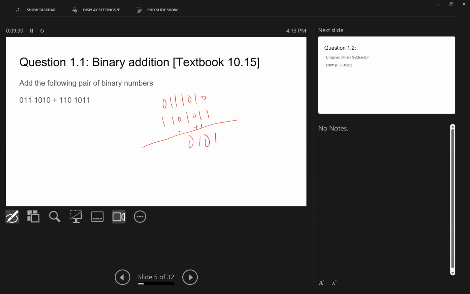So if we want to get the maximum number, what should we do for each b_i? We want b_{n-1} to be 0 so that we do not do subtraction, right?